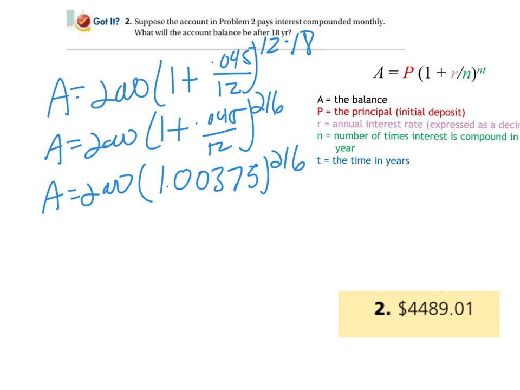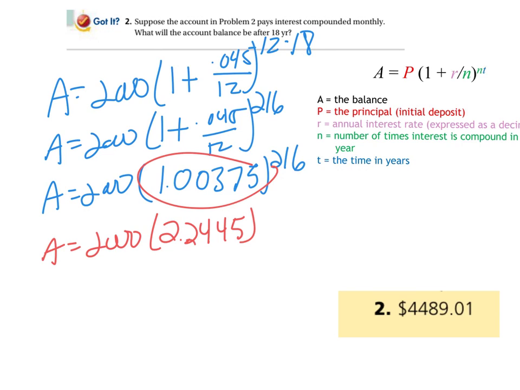Order of operations, we're going to take this number to the 216th power, so A equals 2,000 times about 2.2445, and that's going to yield about $4,489.01, which is a little different.